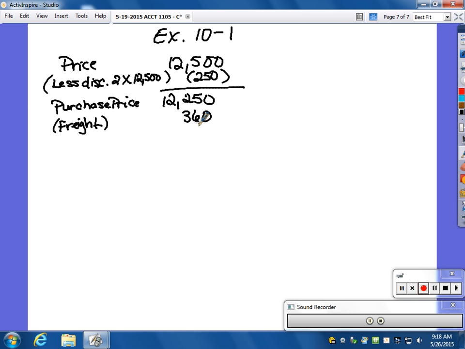The mounting charges, the machine requires special steel mounting and power connection. The mounting, which was how much? $895. And what's next? $475 is paid to assemble the machine and get it into operation. So assembly, how much is that? $475. And what else?